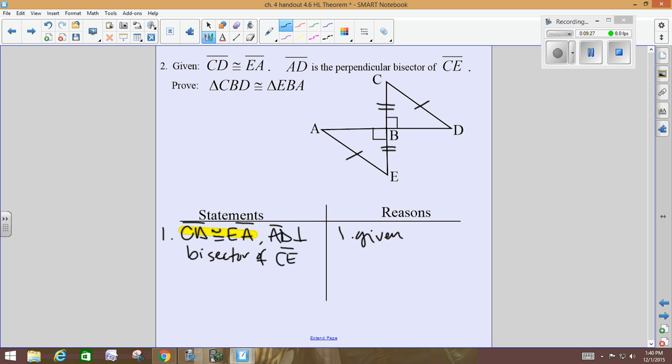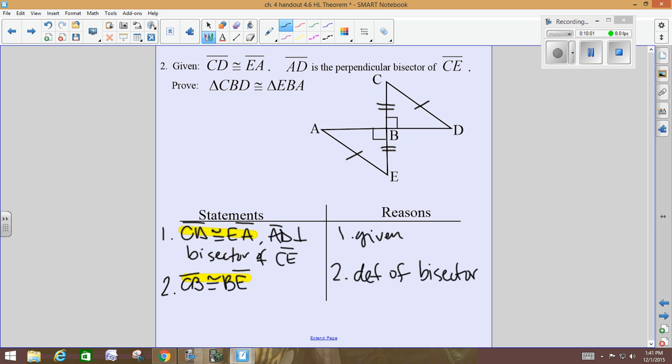Which one do you want to do first? Okay. CB is congruent to BE. And how did we know those 2 segments were congruent? Definition of a bisector. There are your legs. So we got the H and the L part of the HL theorem. Now we have to decide or state in there that they're right triangles. How did we know that the triangles were right triangles?